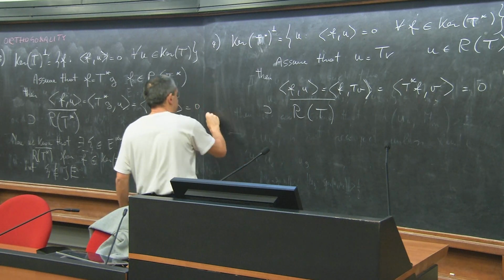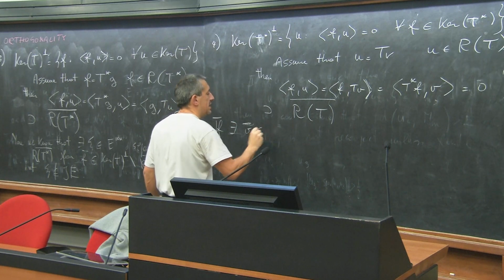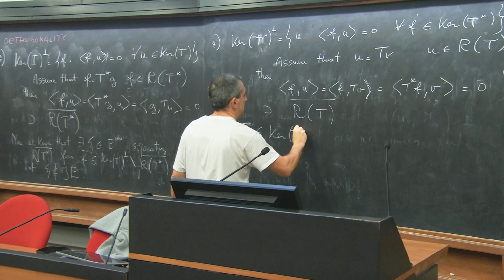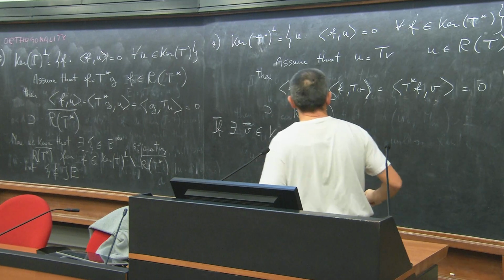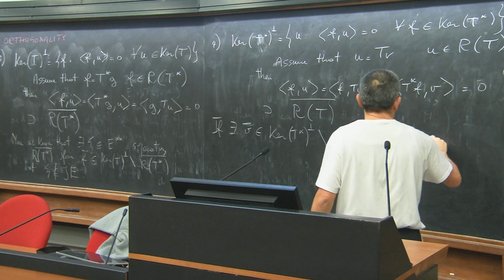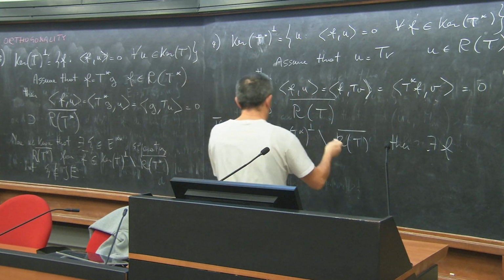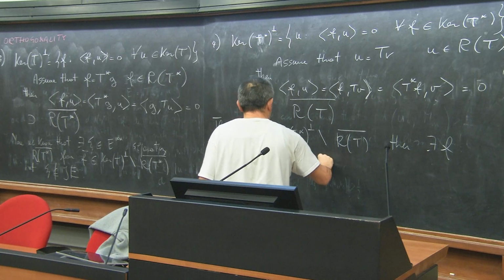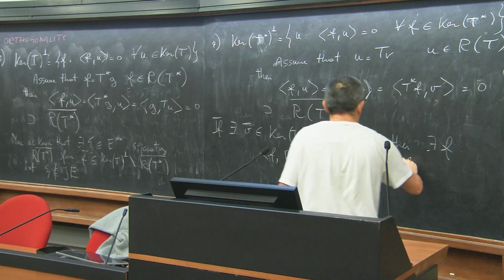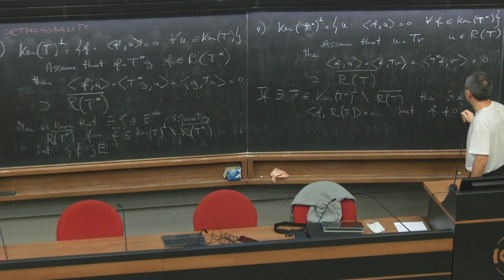So if there exists V bar belonging to the kernel of T star orthogonal, but not in the closure of the range, then there exists F such that F on the range of T is 0, but F is different than 0, and F of V bar is greater than 0, doesn't matter.